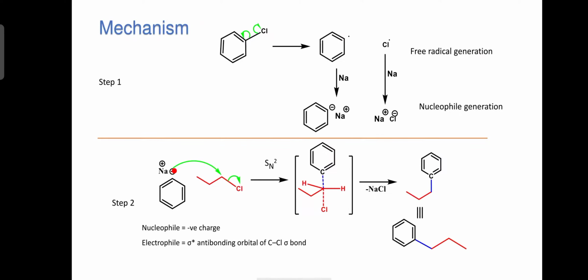So here the negative charge will attack the sigma star anti-bonding orbital of this carbon chloride sigma bond, and the two electrons of this sigma bond will start to move towards this chloride ion, and one bond between this carbon atom and this carbon atom will start to form, and the bond between this carbon atom and this chloride atom will start to break, and again the transition state will form here, and this bond will form, this bond will break, and the product we will get like this, like a substituted benzene ring. The substituent is this propyl group which participated in the reaction. So this is all about Wood's reaction and Wood's Fittig reaction.